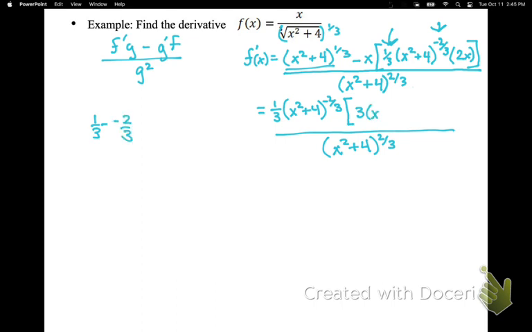So I get x squared plus 4 minus 2x squared. Is that right? Because the 1/3 would come out, and the x squared plus 4 to the negative 2/3 came out. So I have an x and a 2x, so I have 2x squared.